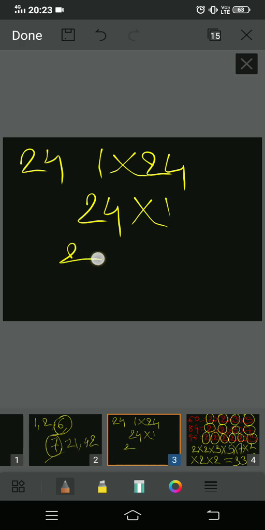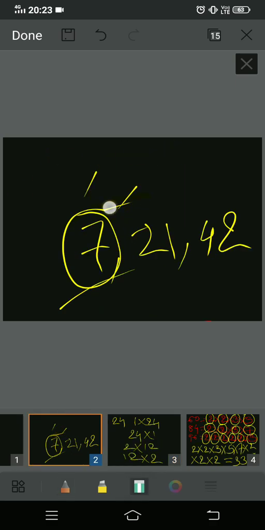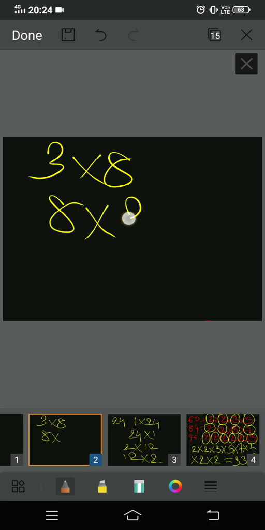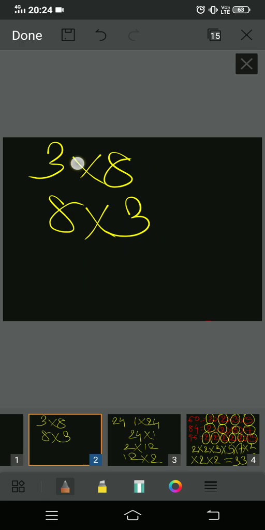Next, 2 into 12 is 24, and 12 into 2 is also 24. Next, 3 into 8 is 24, and 8 into 3 is also 24. So all these numbers you have to write: 1 into 24, 24 into 1, 2 into 12, 12 into 2, 3 into 8, and 8 into 3.